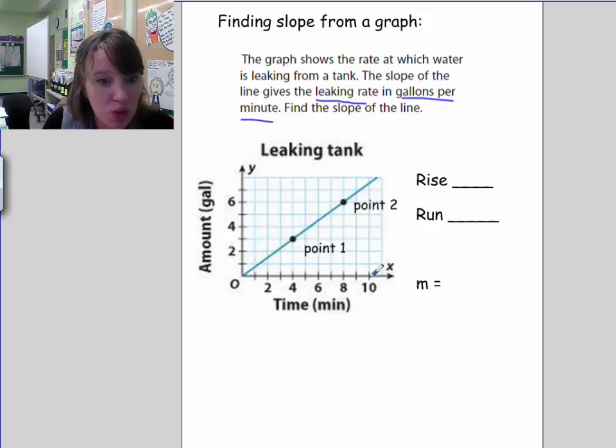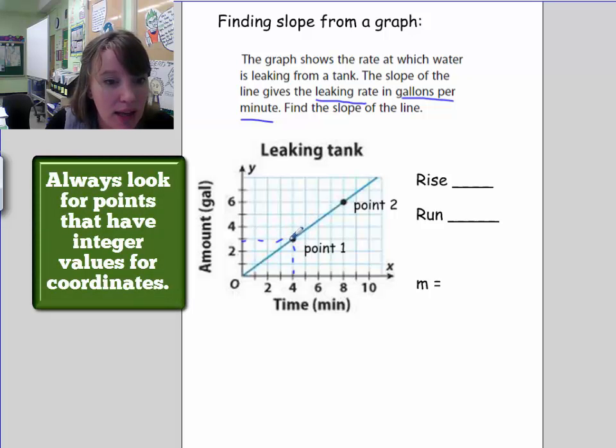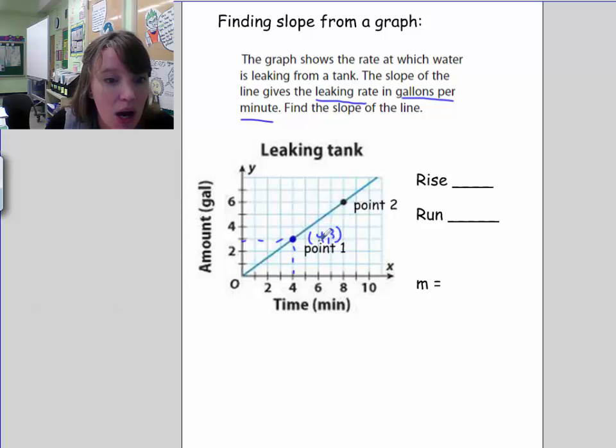The first thing you want to do, and they actually already gave you these 2 points, but if you didn't have them, you're looking for 2 points that fall along the intersection of two coordinate grid lines. That's because when you get the values of the coordinates, here it would be 4, 3, these values are going to be integer values.